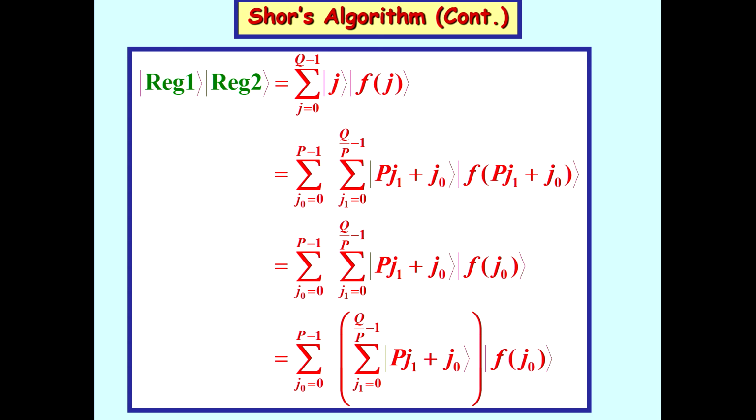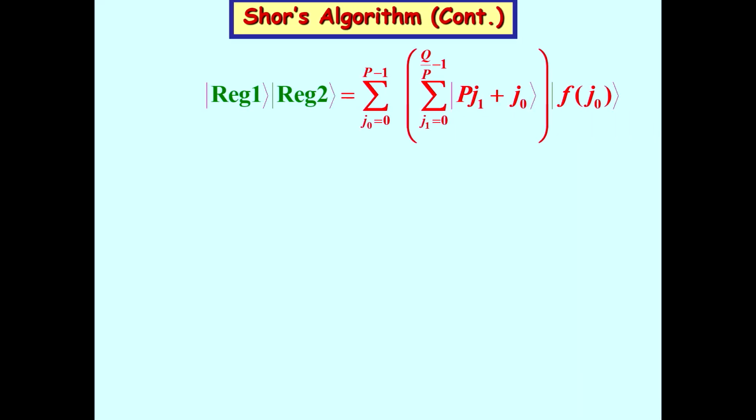This is essentially what's stored in the register, and we thus have that the expression for the registers is given by the expression on the right. We sum over j0 and then sum over j1, over the integers p j1 plus j0.